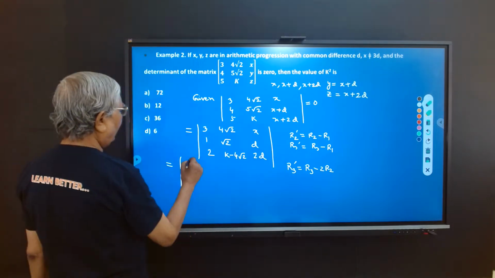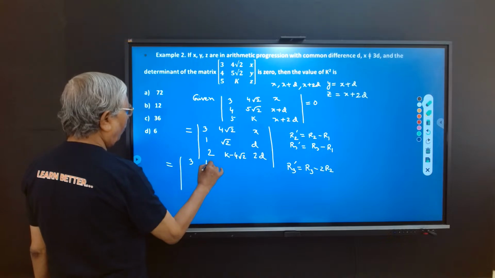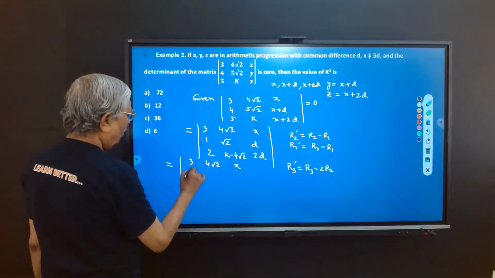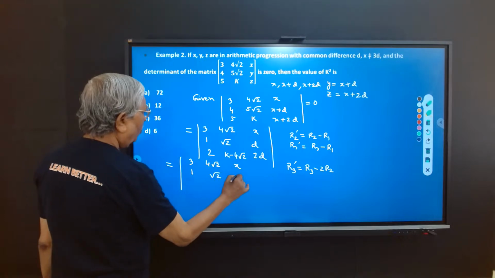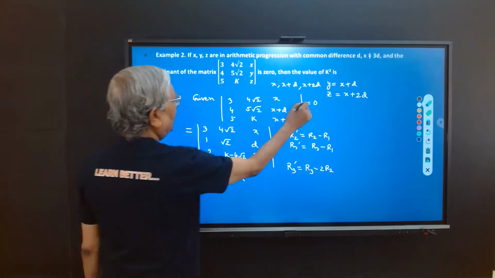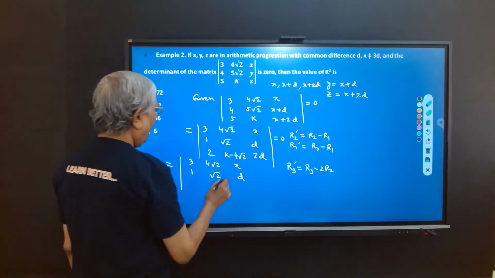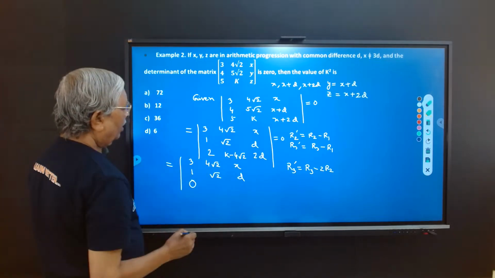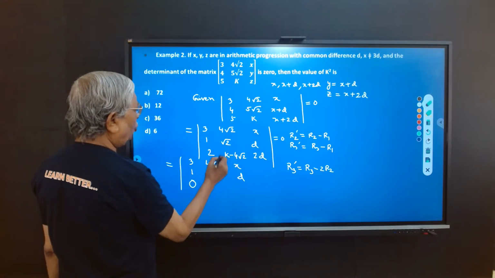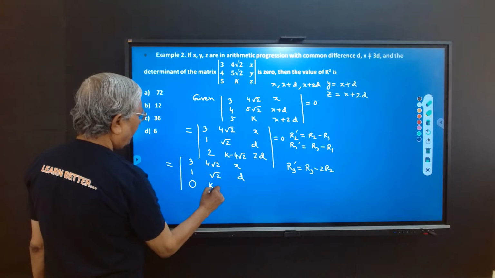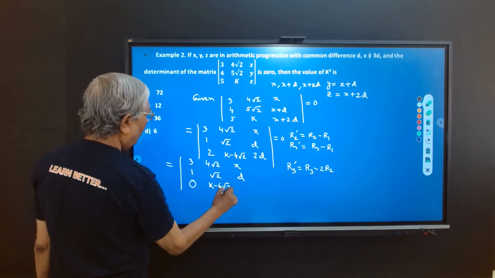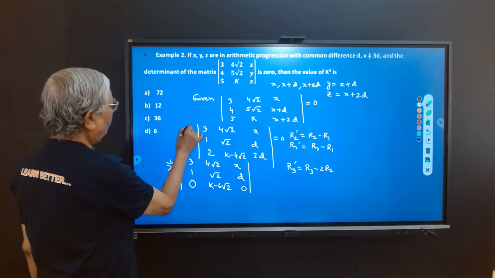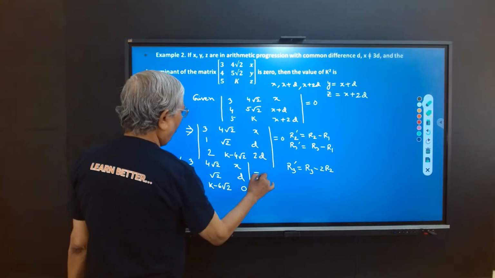The first row remains the same, 3, 4 root 2, and x; the second row is 1, root 2, d; and the third row is 0, 0, and k minus 6 root 2. So the determinant of this equals 0.